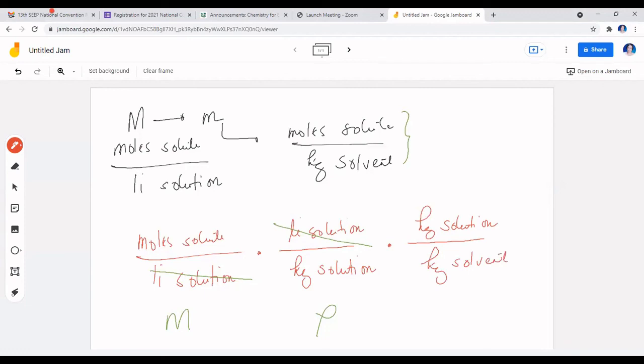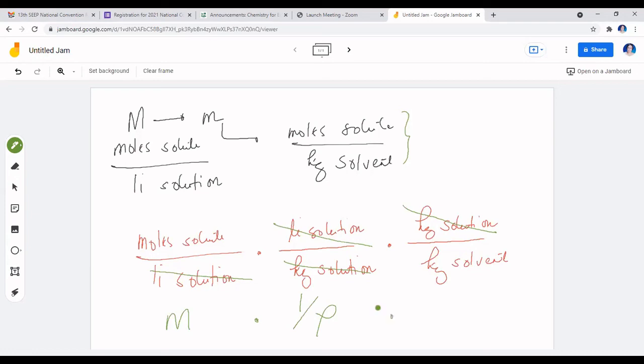Why would you do that? That way, I get rid of the kilogram solution and kilogram solution here. I'm left with mole solute per kilogram of solvent. But the question is, if this is molarity and this is density, this is actually 1 over density, what is this?